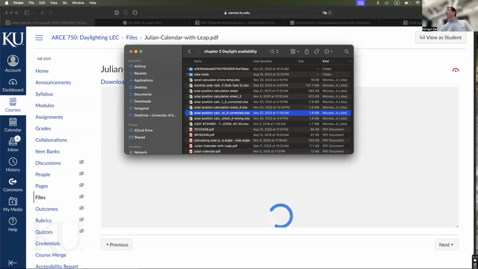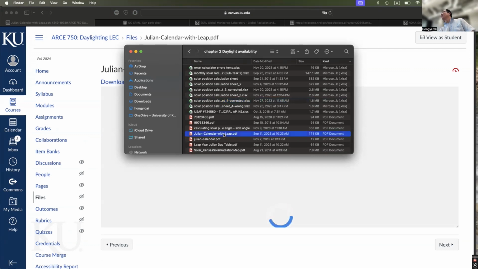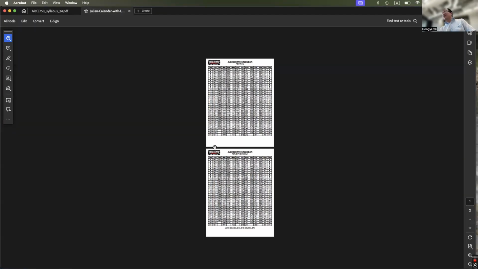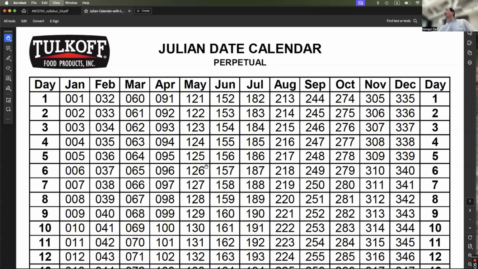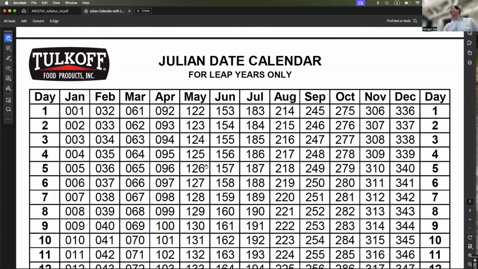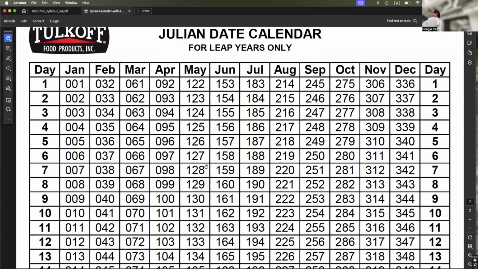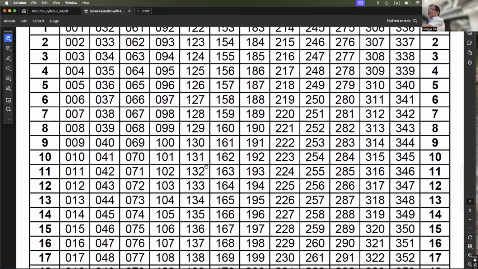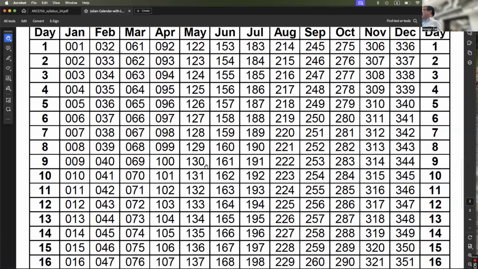Hopefully that'll be easier. So I have my Julian time PDF. Right, open here. Okay. So you have to check the second page because for the leap year, we are September 16th, 260. Yeah, 260. Right. So the Julian date will be 260.